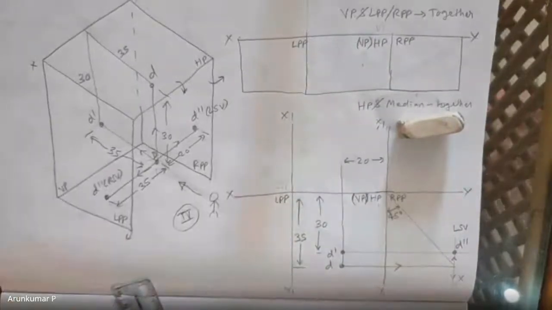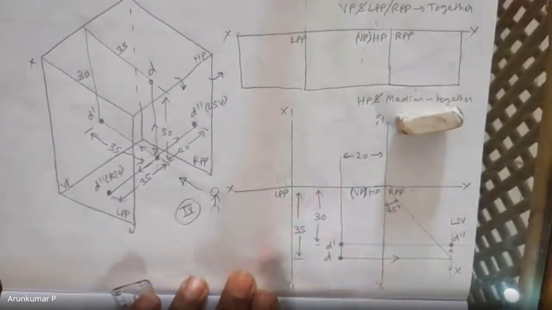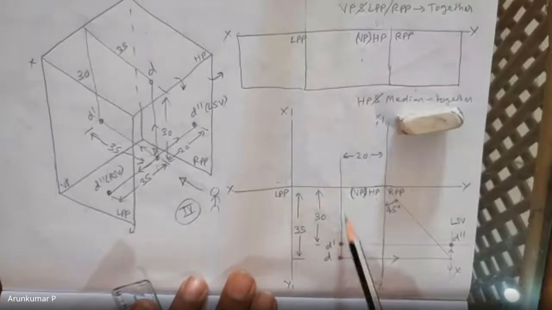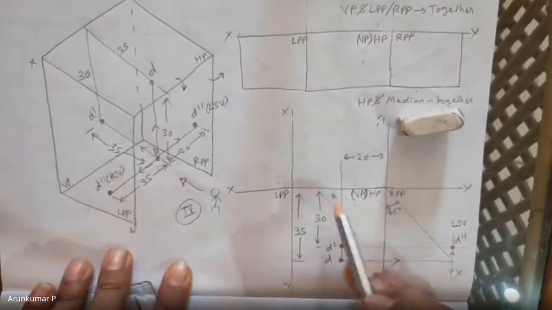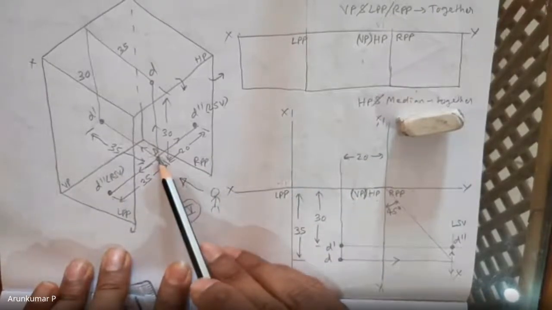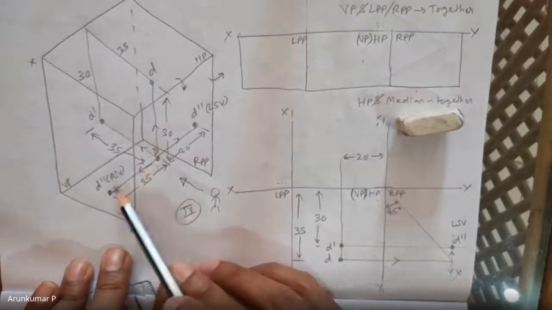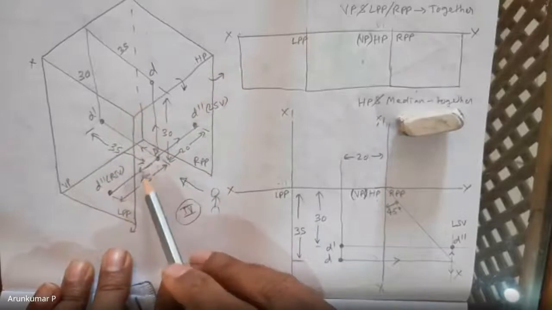Now, the same point, that is D dash and D. At what distance is the point D from LPP? How much is this distance? 35.